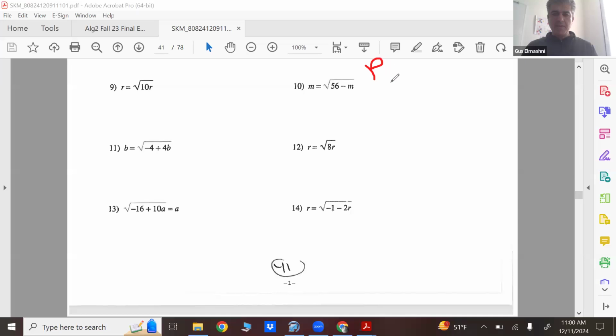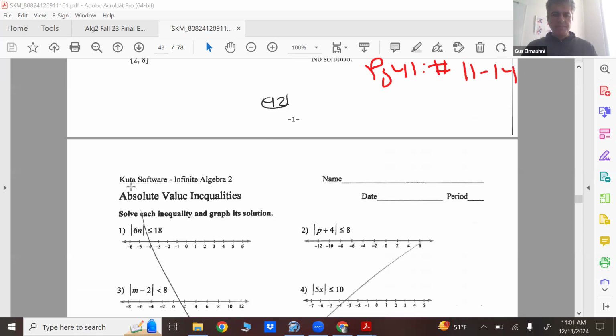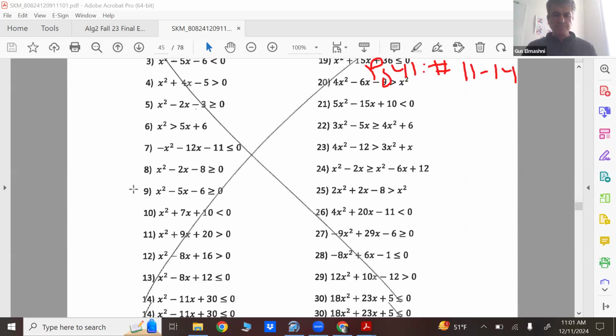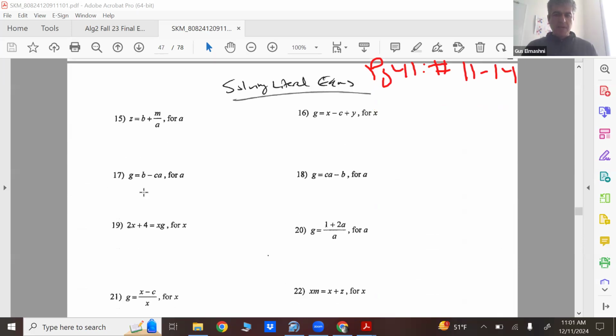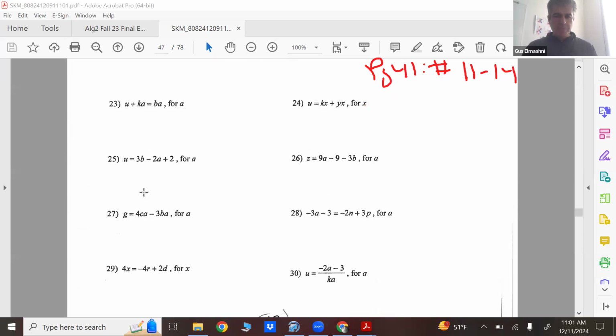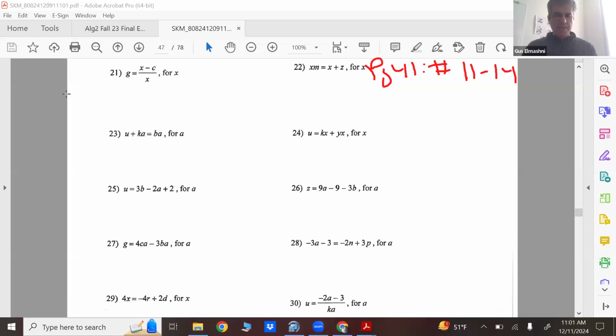page 41, probably numbers 13 and 14, or numbers 11 through 14, I'll say. Bless you. I would say page, ooh, there's good ones here. Yeah, I'd say page 47, numbers 23 to 30.